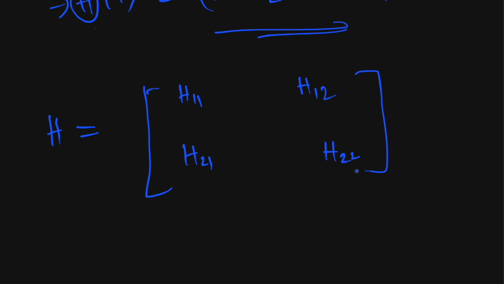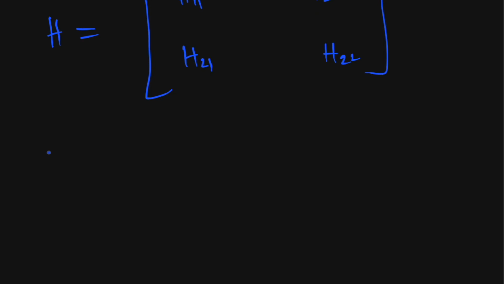What is the matrix representation of H? The matrix representation of H is H11, H12, H21, H22. Then what will be its eigenvalues? That means the determinant of H minus λI will be 0.